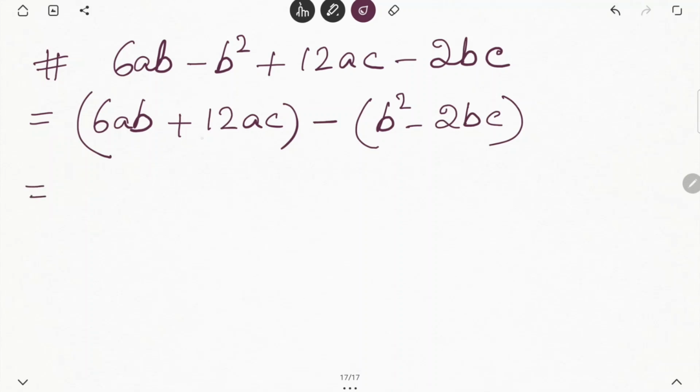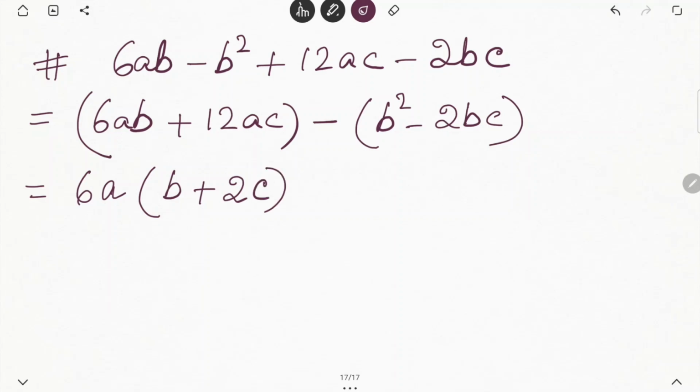So from the first expression, out of 6 and 12, I can take 6 common, and what else is common there? a. Okay, so I can take out a. So what will be left behind? 6 divided by 6 is 1. a divided by a is also 1. Only b is left. So I have b plus 12 divided by 6 will give us 2. a divided by a is 1.